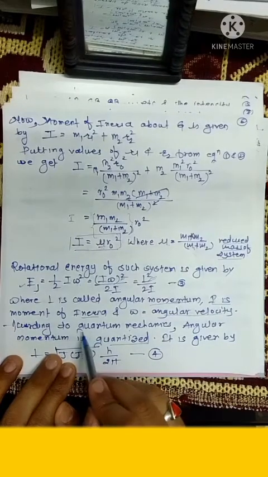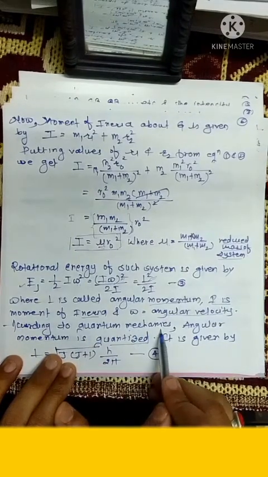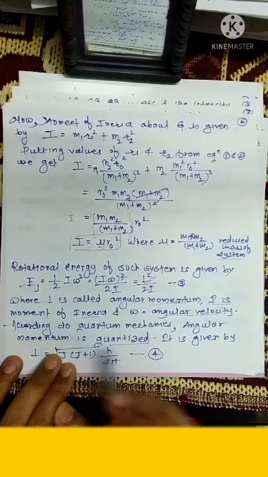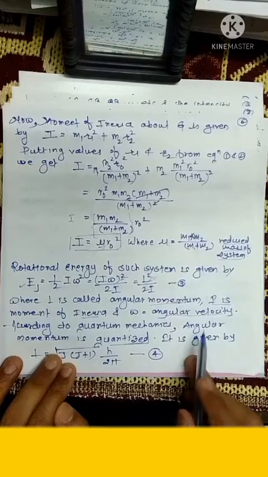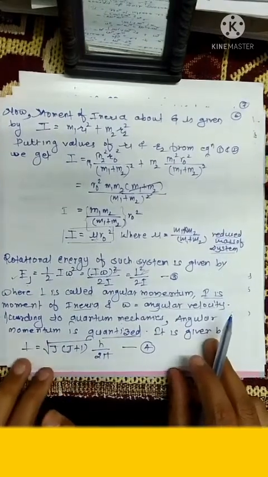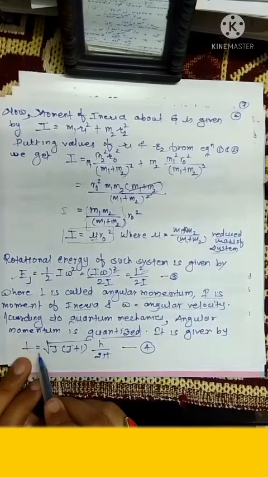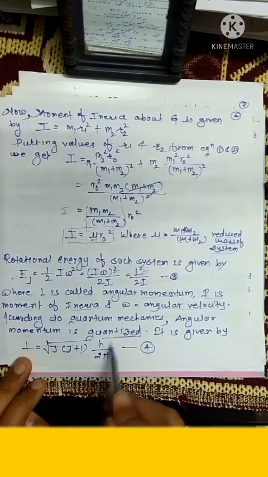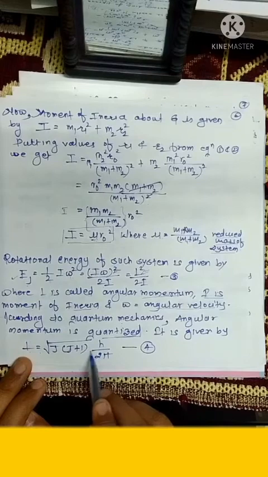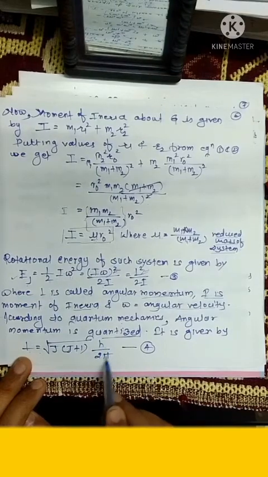Now it is important: according to quantum mechanics, angular momentum is quantized. According to quantum mechanics, angular momentum is equal to under root of J into bracket J plus 1 multiplied by h divided by twice pi.